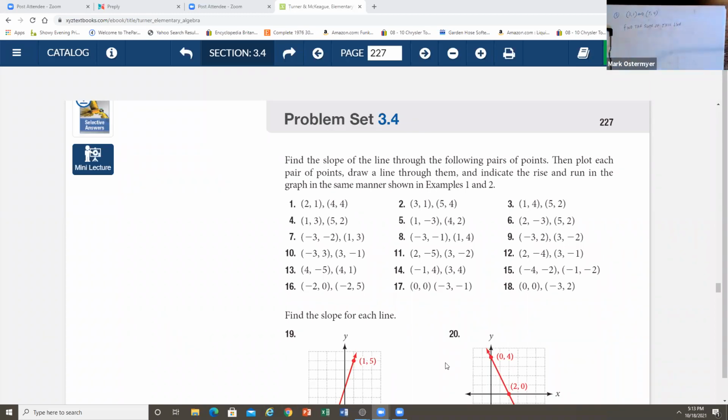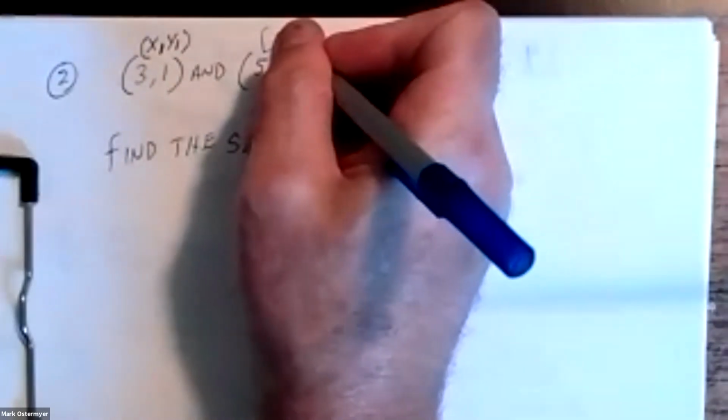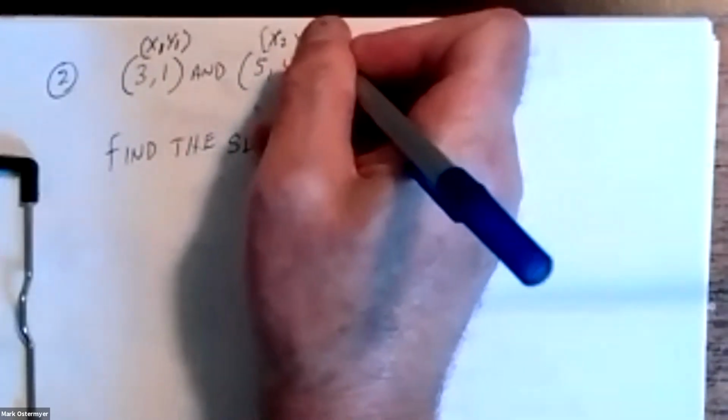And so how are we going to do that? Well, we're going to have to name our points in some manner here. It does not matter which point you call your first and your second point. I'll designate this 3,1 as being my first point, x1, y1. And I'll call this 5,4 my second point, which is to say x2, y2.